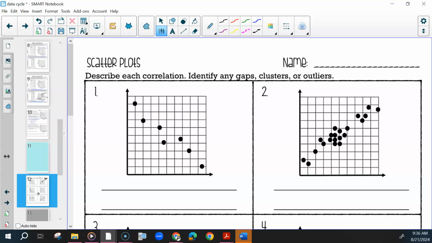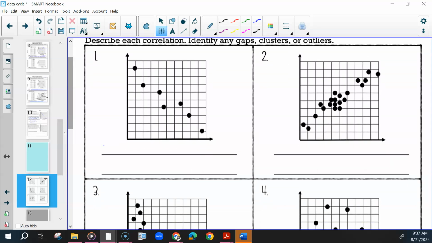And then I'm also going to add in one more vocab word that wasn't on the previous one. So we won't do all of these, we'll just do a few. So what about one? What words, how would you describe that? Linear negative correlation. Okay, so linear negative correlation, or negative linear correlation. Yeah, let's word it like that. Negative linear correlation.